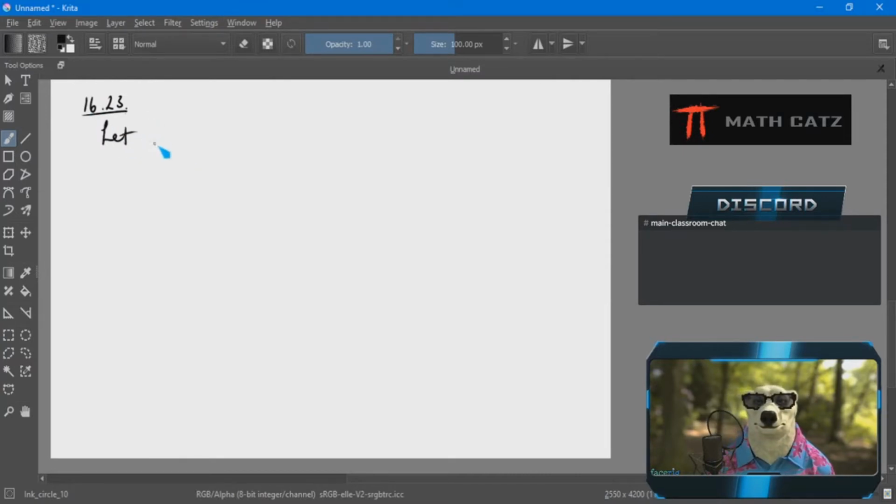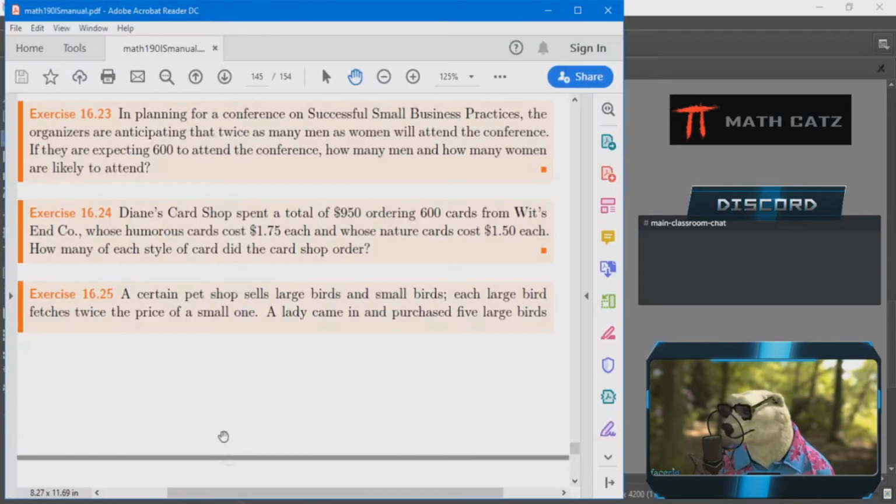Let's say W represents the number of women to attend the conference. Do I have to have a brand new variable for the number of men? Because I need to know that number as well. No, I don't.